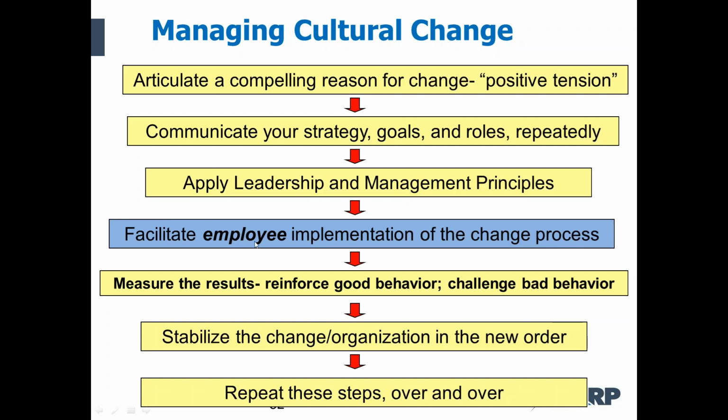You got to facilitate employee implementation of the change process. People own what they create. You have to make them part of the creative process in managing the changes. Measure the results, reinforce good behavior, challenge bad behavior, and then stabilize the change and the new order through procedures, standards, checklists, and the like.